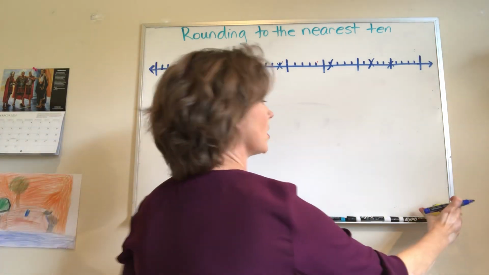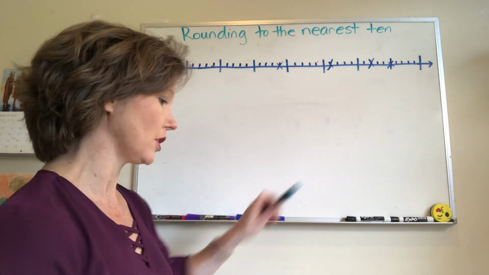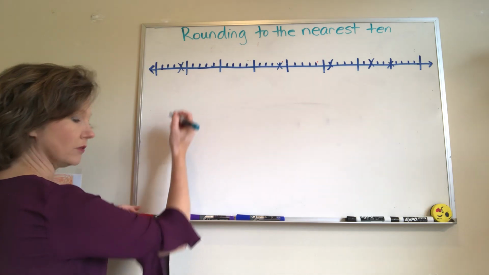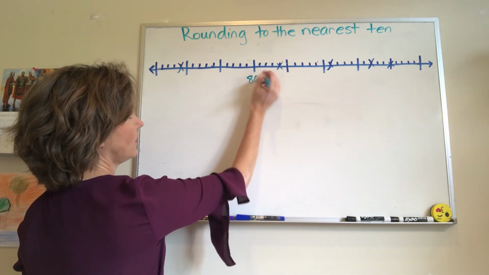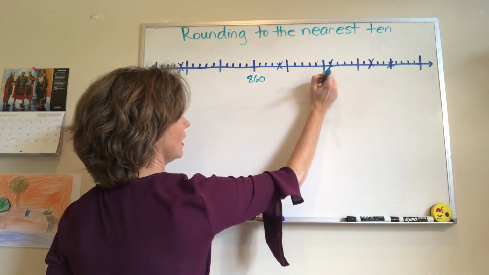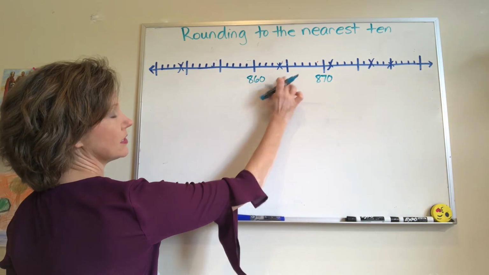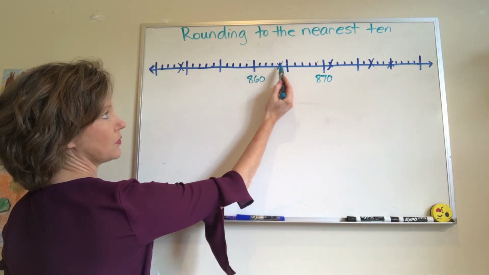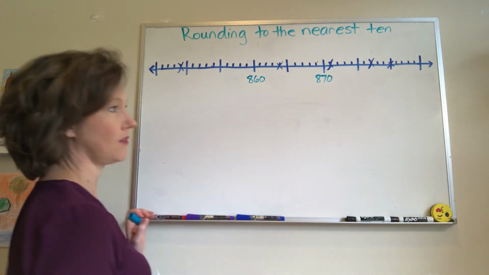What if we have a 3-digit number? Do we still have to look at the hundreds place even though it's a 3-digit number? Let's find out. What if we have, let's just say, I'm going to shrink this down, we have 860 and 870. So this would be 865, 861, 62, 63, 64, 65, 66, 67, 68, 69, 870.